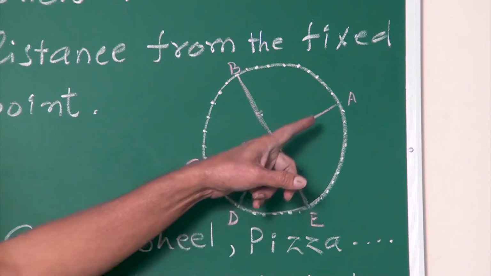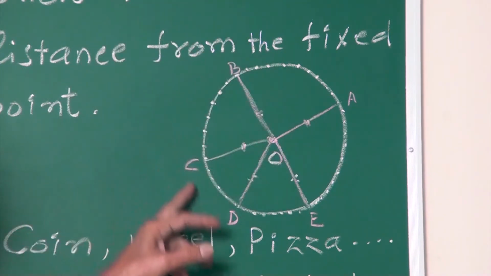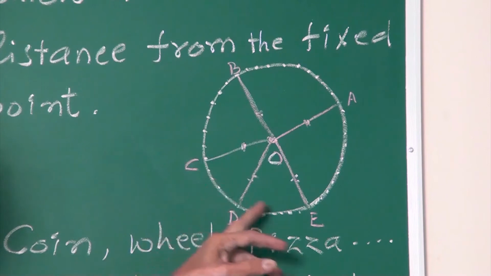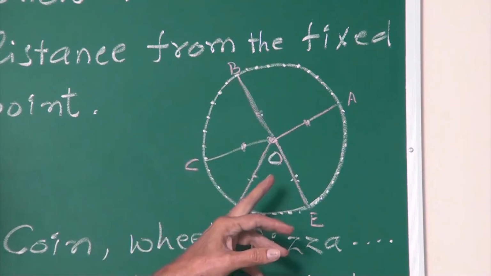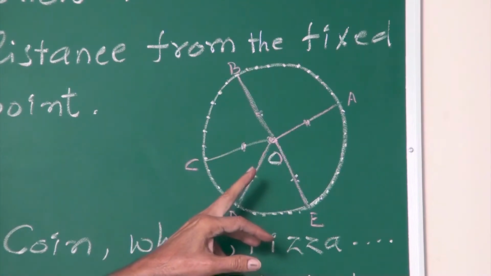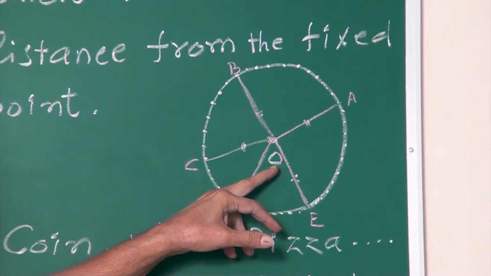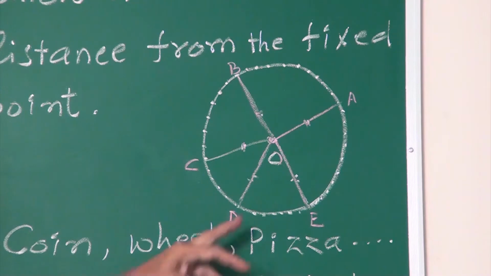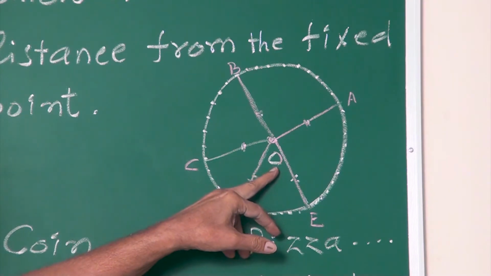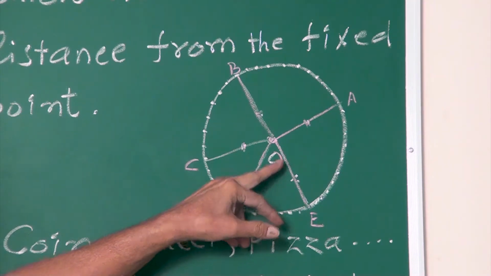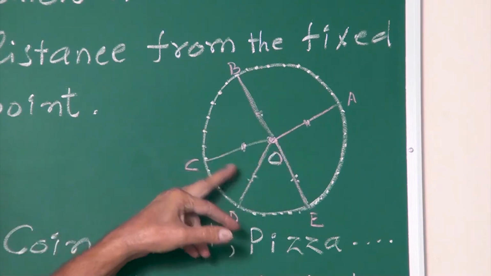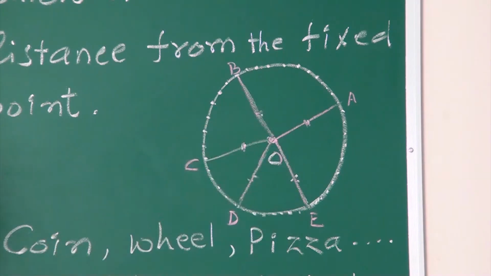It is a collection of such points which are at a constant distance from the fixed point. According to the definition, the fixed point is called the center. The constant distance is known as the radius of the circle.